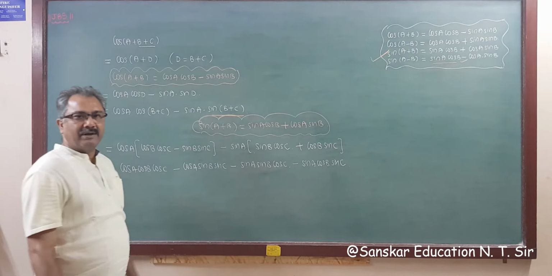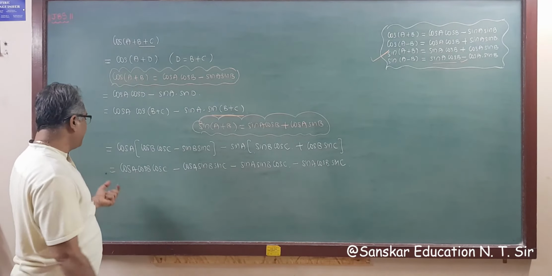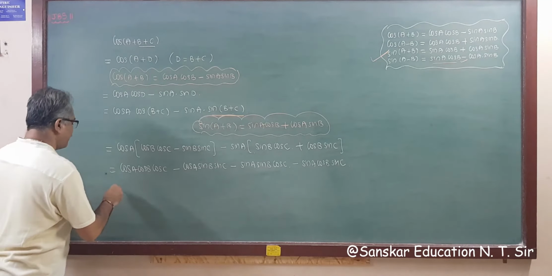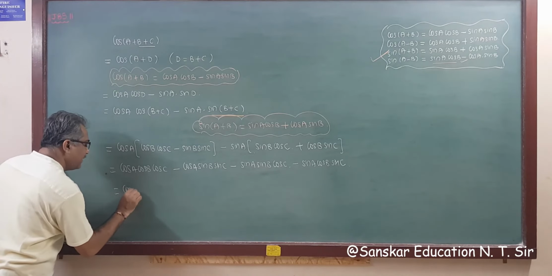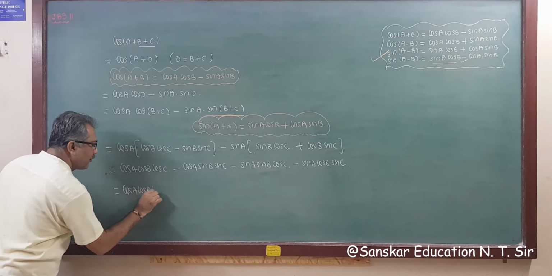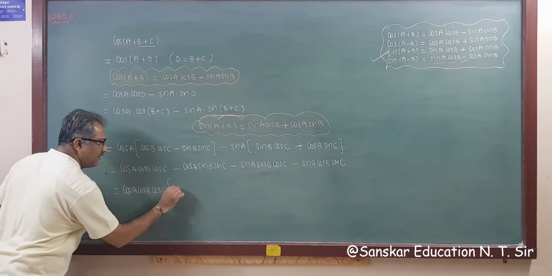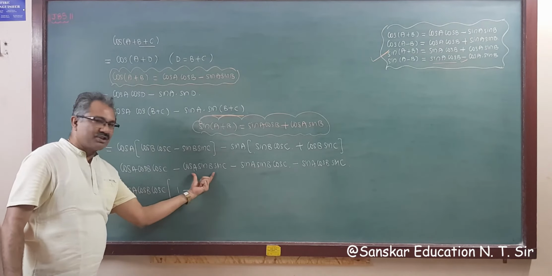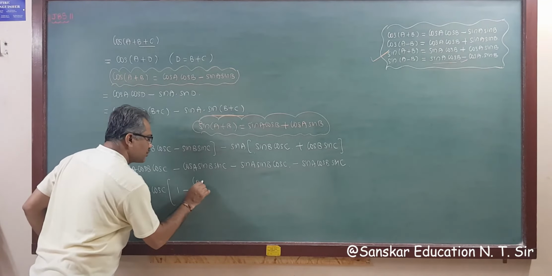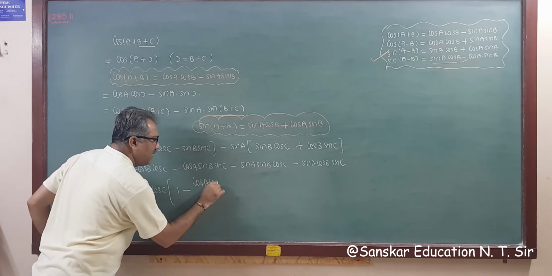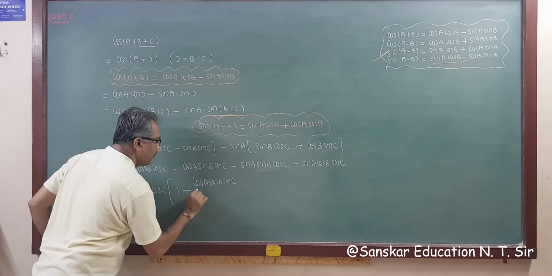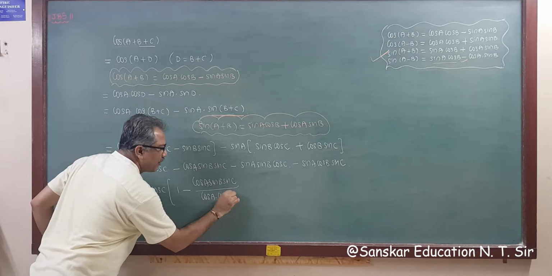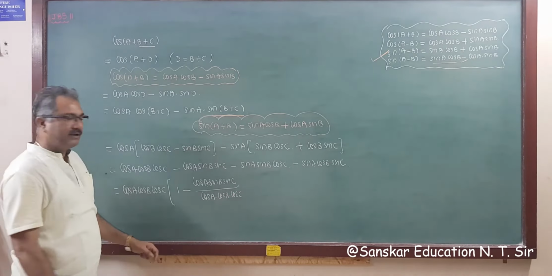Got it? Now taking common cos A cos B cos C, what we get? This is cos A cos B cos C, taking common we get 1 minus, so dividing this by cos A cos B cos C, right? So cos A sin B sin C whole upon cos A cos B cos C, got it?